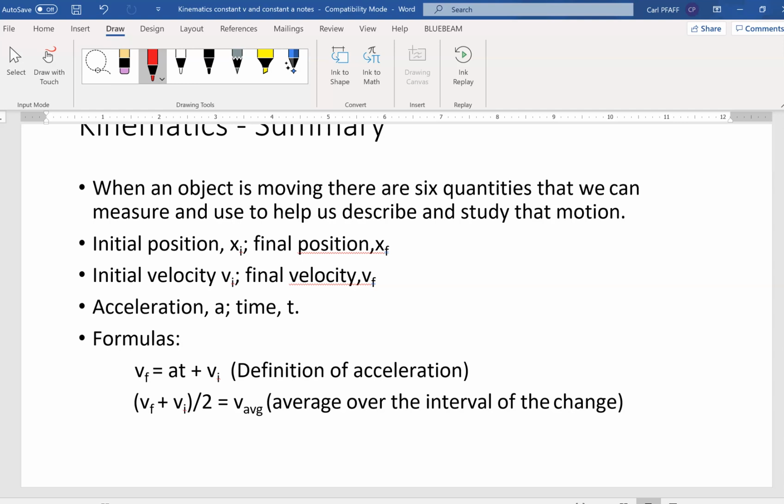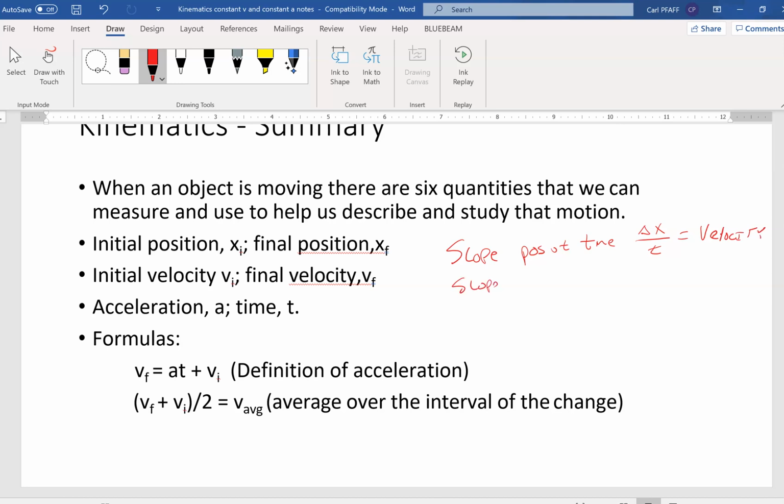From position to velocity graph, I need the slope of position-time, right? To get from a velocity to an acceleration graph, I need the slope of the velocity versus time. So the slope of a position versus time, delta x over t, that's velocity.